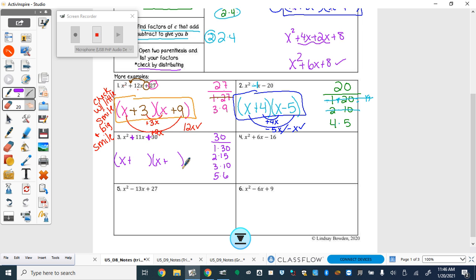So I'm looking for 2 that add to give me 11. 1 plus 30, that's going to give me 31. 2 plus 15 is 17. 3 plus 10 is 13. 5 plus 6, there's my 11. So 5 plus 6. And again, check: little smile gives me a positive 5x. Big smile is a positive 6x. Add those together, you get a positive 11x. So we did it correctly.